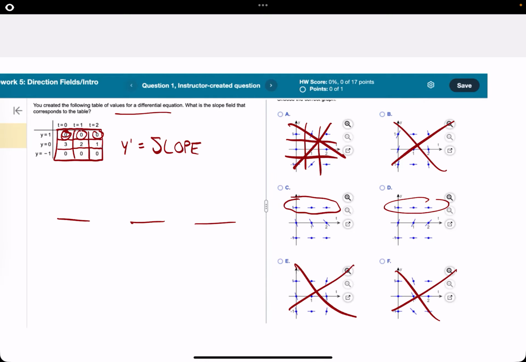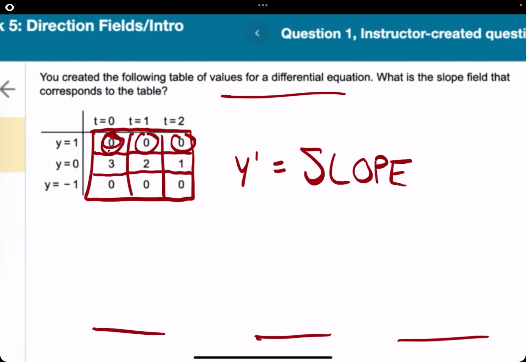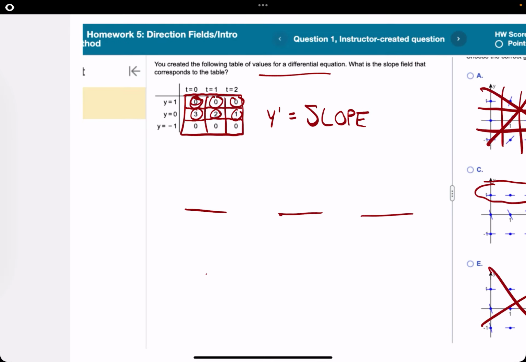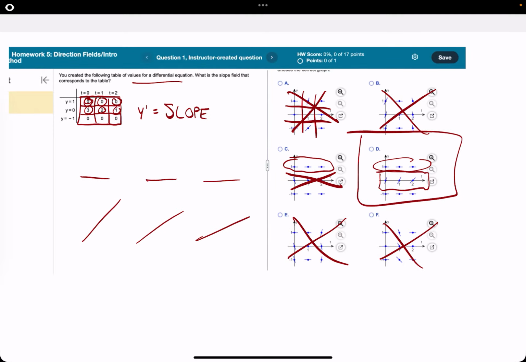So just like that, we can narrow it down to C and D because those have 0 slopes across the top. Then in the middle row, we're looking for a slope of 3, a slope of 2, and a slope of 1. So maybe something like this, then a little less steep, then a little less steep. And so that's looking like option D and not C, because C has the negative slopes in the middle, so D is our answer there.